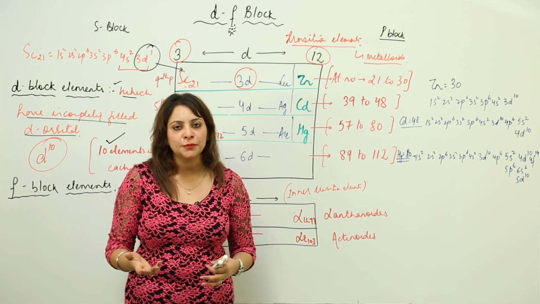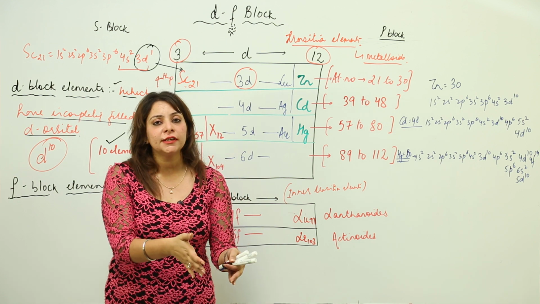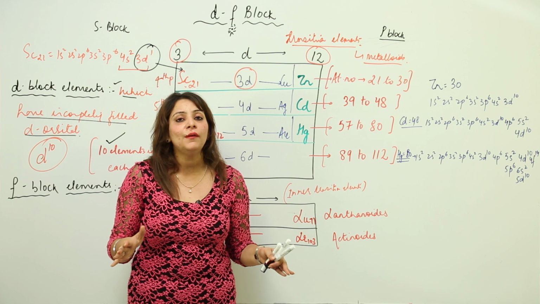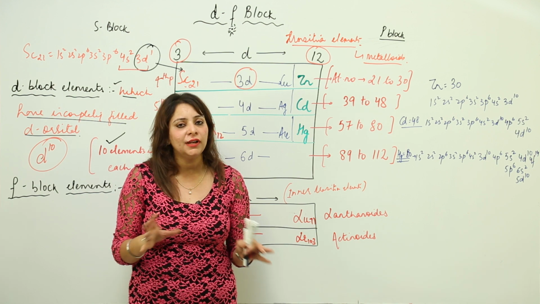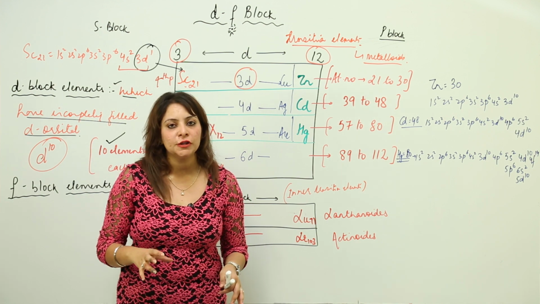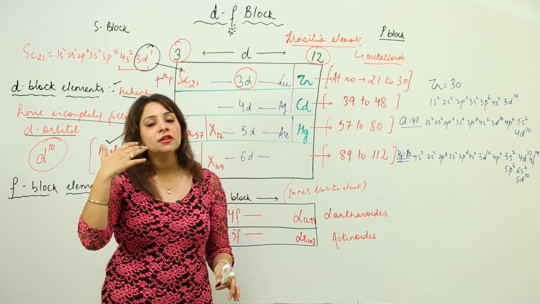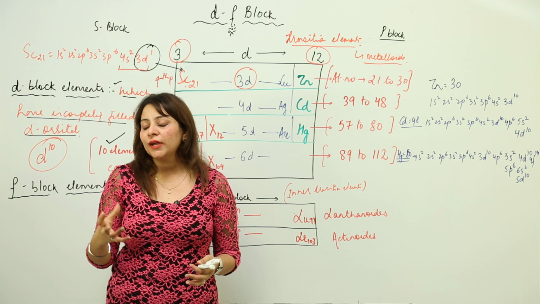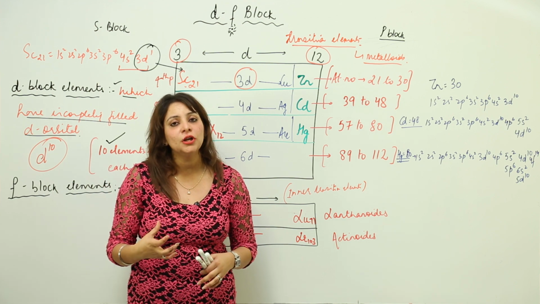There must be certain exceptions, but we have to stick to a certain property while arranging the elements, because only then will we be able to arrange them; otherwise everything will be shuffled and classification won't be possible. So when the modern periodic table was made, there were a few elements which showed exceptional behavior.